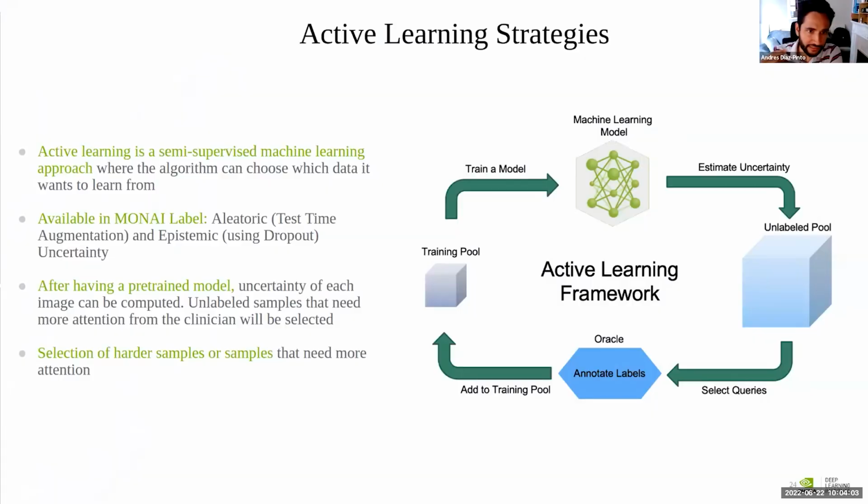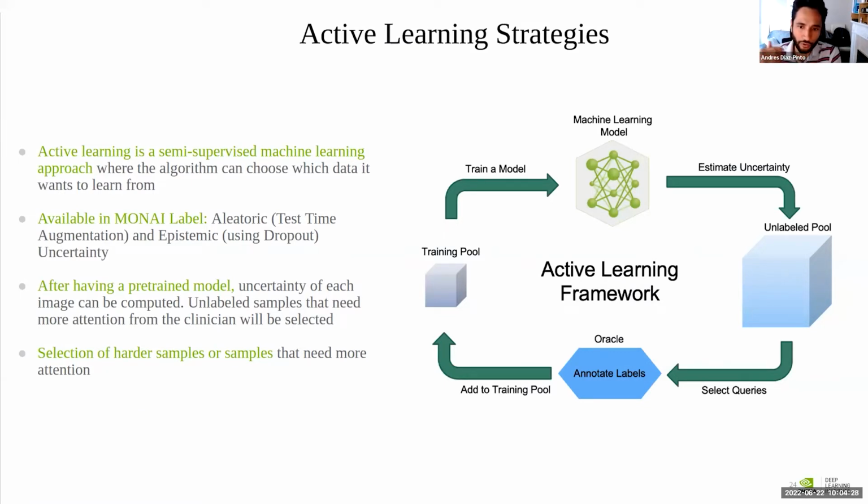Regarding the active learning strategies, for those who are not familiar with this, it is basically a selection system, right? In which a pre-trained algorithm selects what it wants to learn from. So let's say you have a pre-trained model, and that pre-trained model sorts the unlabeled images from the most difficult one to the least difficult one.